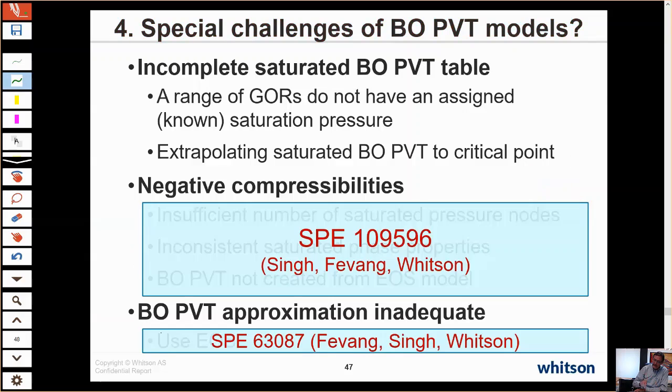Well, these last two items here, negative compressibilities and whether it's adequate or not, I'll send you to a couple of papers. Now there's one paper on is the black oil approximation adequate or not?